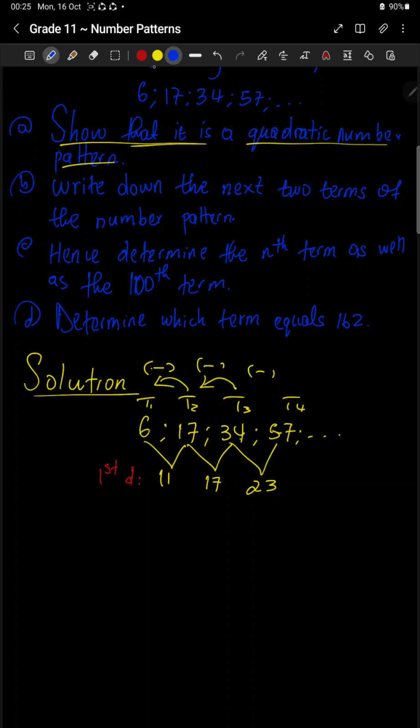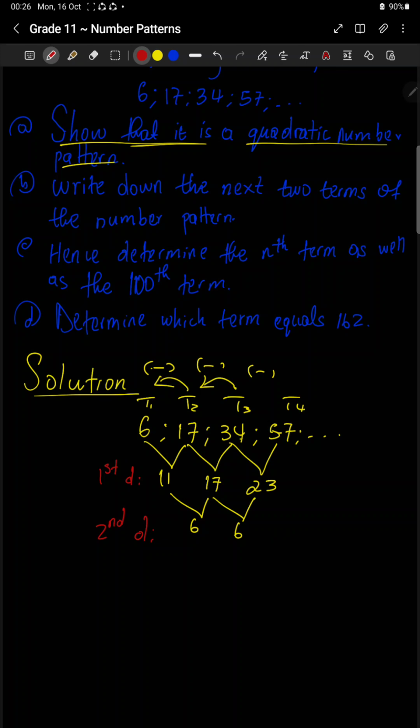So now we continue and we find the second difference. We do the same. So it's going to be 17 minus 11 must be 6. 23 minus 17 definitely is going to be 6. And this one over here, we call it a second difference. And it is constant, or common, so it's the same.